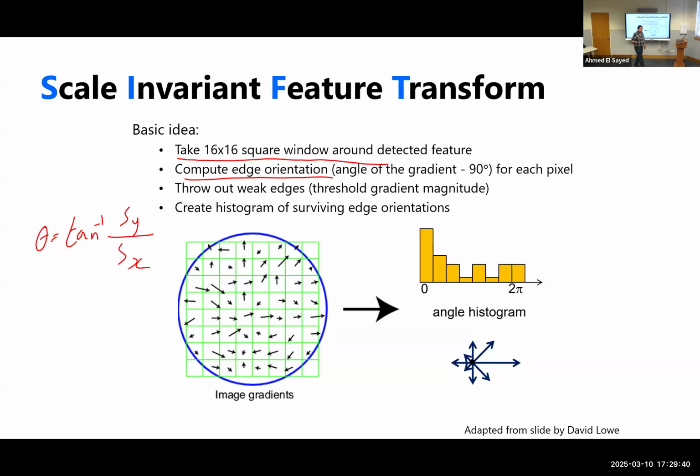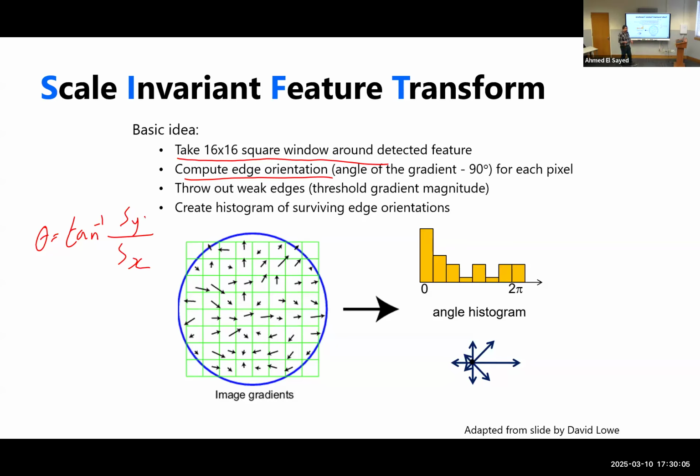Remember the Sobel filter? We have the derivative in the y direction and the derivative in the x direction. After finding these two derivatives, if we divide Sy over Sx and find the tan inverse, we can find the orientation of the edge. So I don't care about the edge itself, I care about the orientation of the edge.